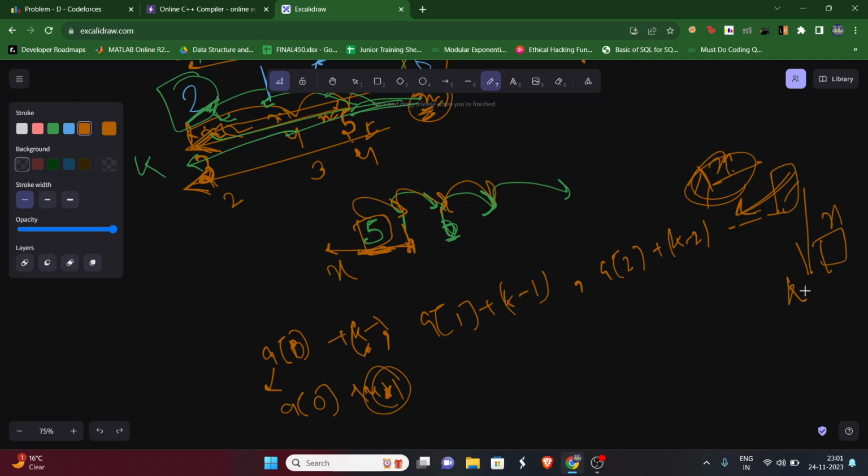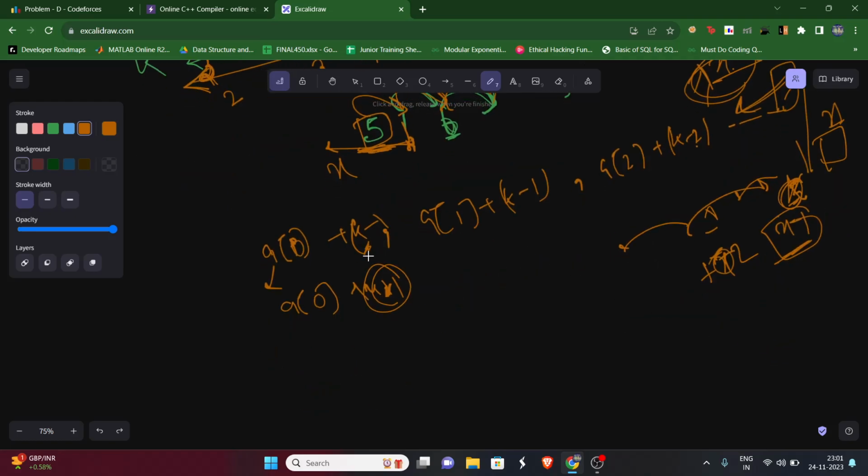Initially k was 0, then it was 1, then it was 2. Now it has already shifted one place this side, so whatever x we have selected, it was already subtracted from 1, and then subtracted from x minus 2. You get the point, right? So somehow we need to carry this forward.